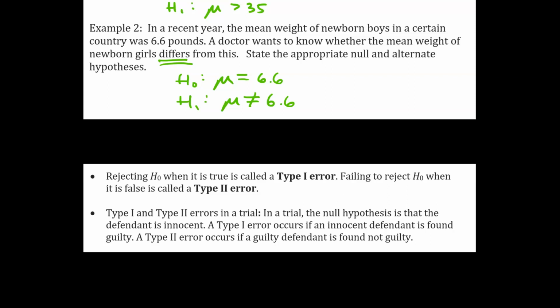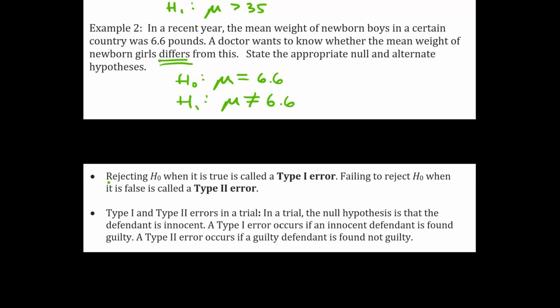Well, couldn't we have been making a mistake? We absolutely could have been. And in other scenarios, maybe you don't end up rejecting, and you should be. And so you could be making mistakes in those cases as well. And so we classify these types of mistakes as type 1 and type 2 errors.